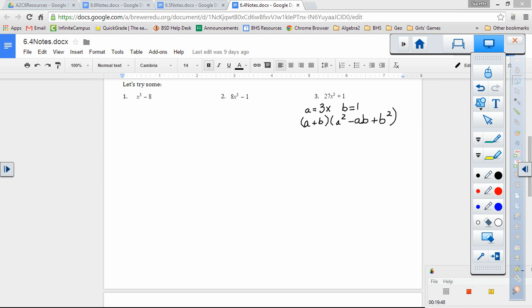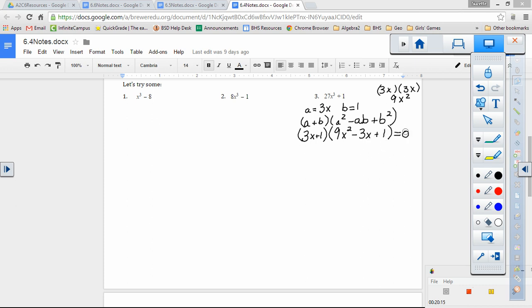Okay, so a plus b, 3x plus 1, and then a squared, so that's 3x times 3x. 3 times 3 is 9, x times x, x squared. It's always handy to write things out on the side of your page like that, just to be sure you're doing it right. A times b, so 3x times 1, that's 3x, and then b squared, 1 times 1 is 1.